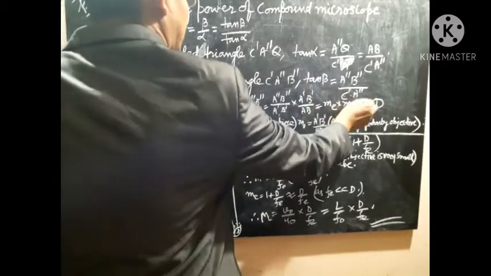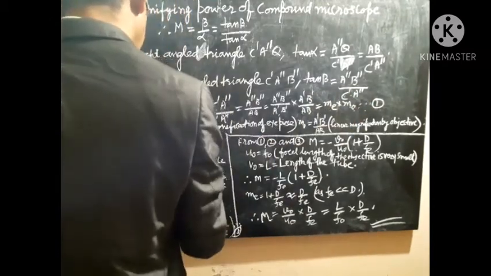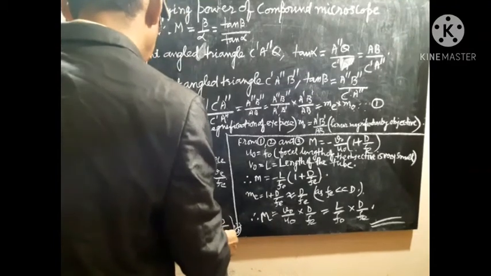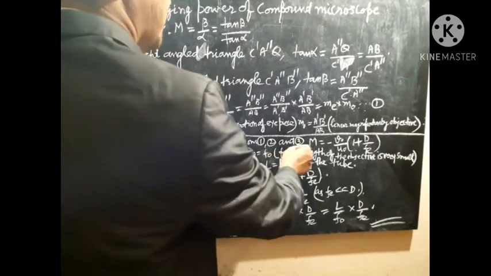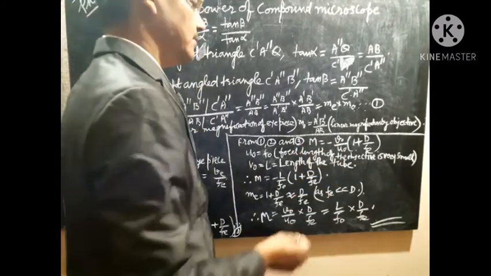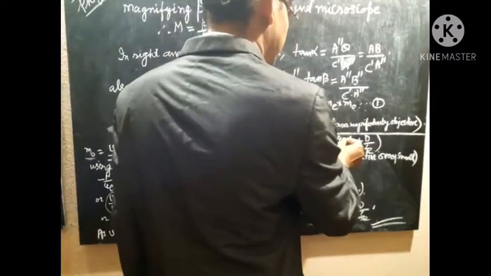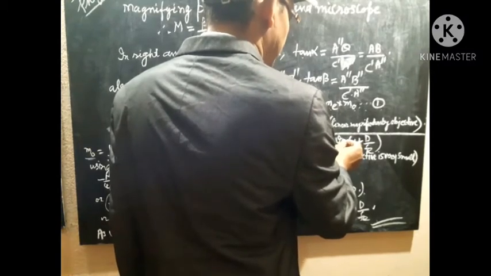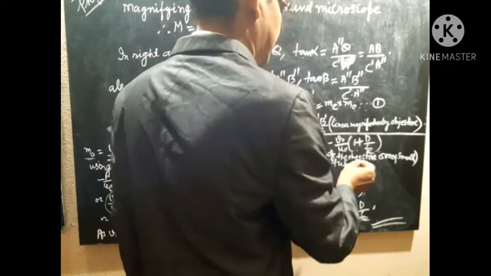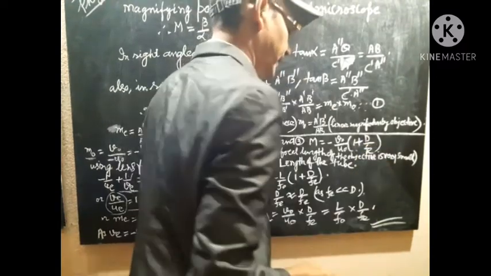From first, M is ME into MO; from second, MO is minus VO by UO; and from third, ME is 1 plus D by FE. So the magnification M is equal to objective image distance by objective object distance, times 1 plus D by FE.